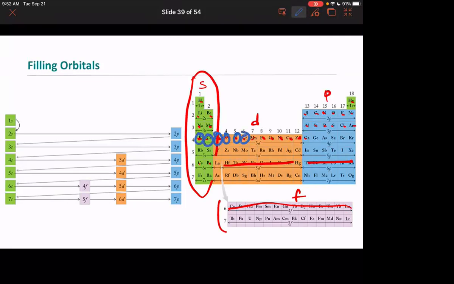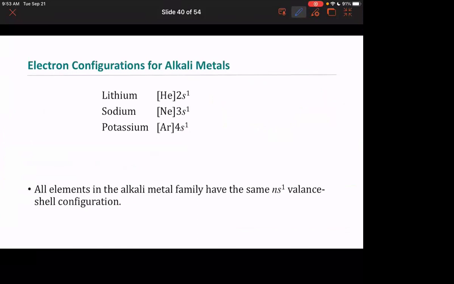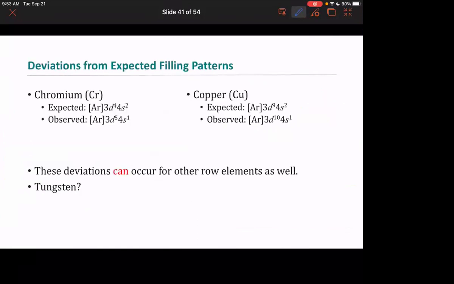So the 4s fills first, and that's basically just the Aufbau principle. This is the energy levels. When you do the quantum mechanical calculations, the 4s turns out to be lower energy than 3d. So it fills first, even though people write it typically like this. Okay, does that answer your question?